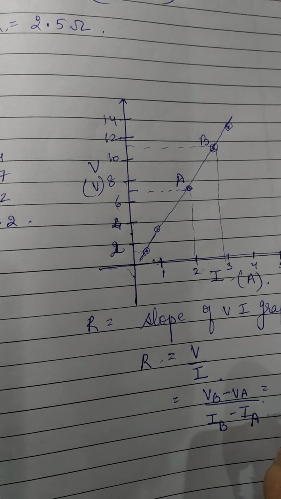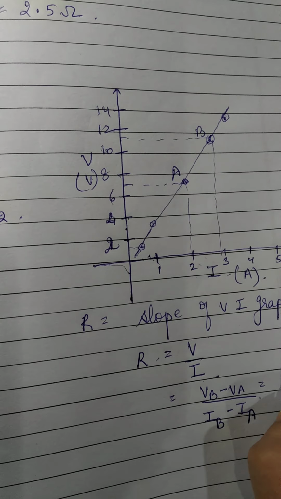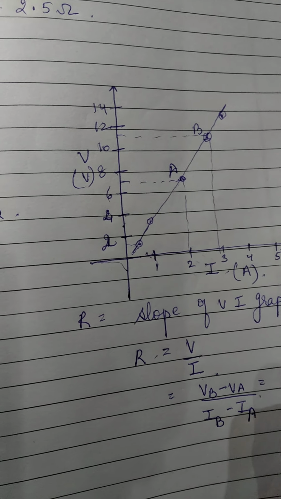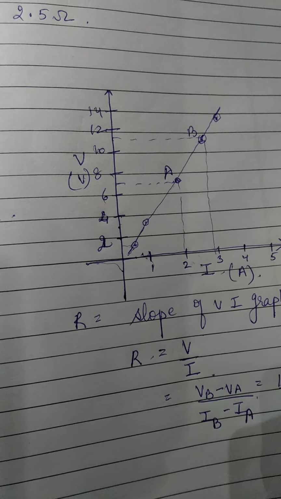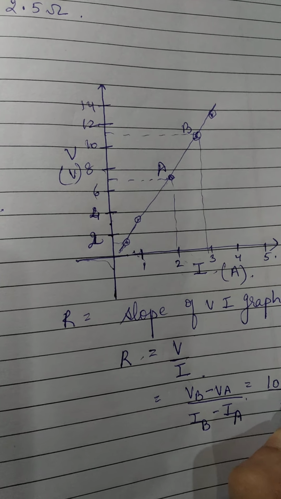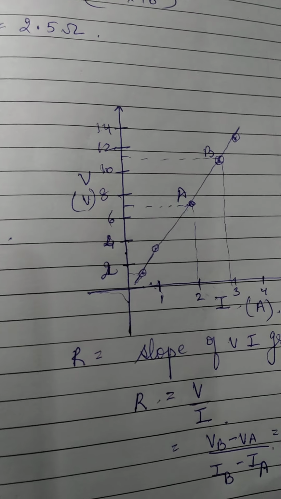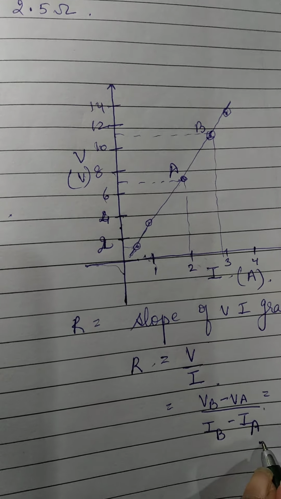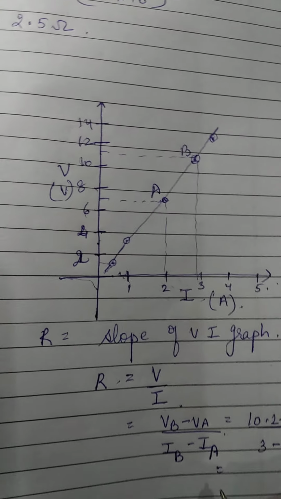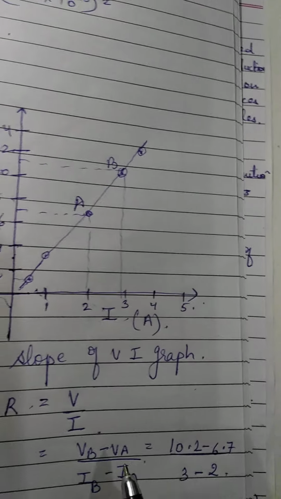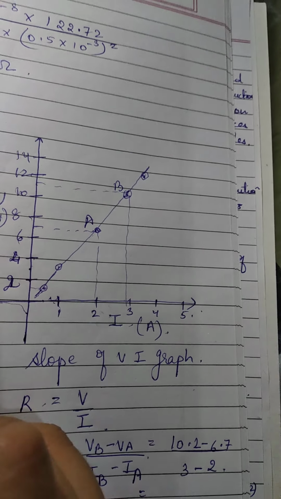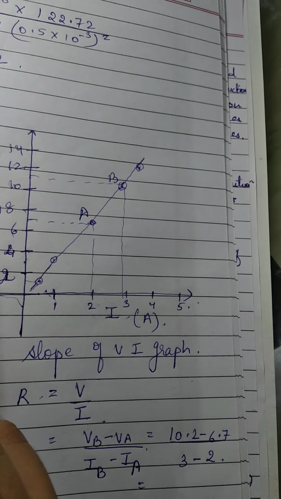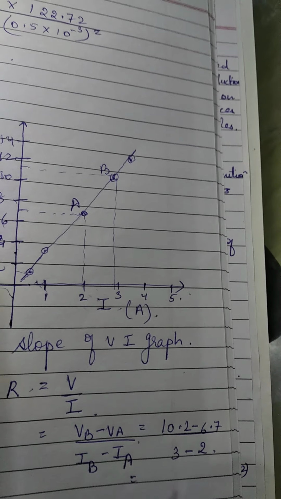So what is VB at 3 and 2? 10.2 minus 6.7, and this is 3 minus 2. VB at this point is 10.2 and when I is 2, it is 6.7.